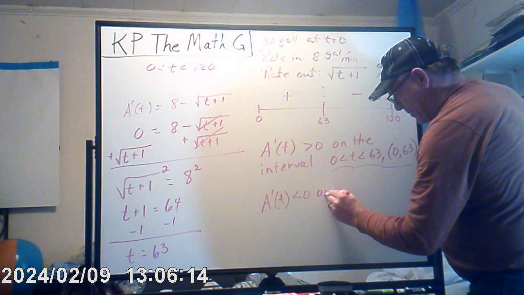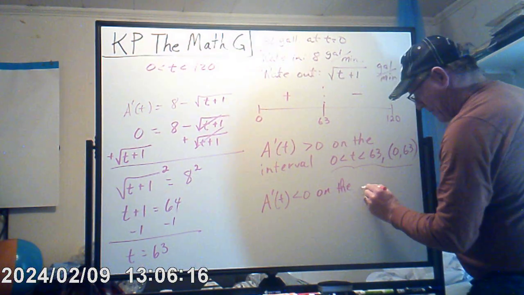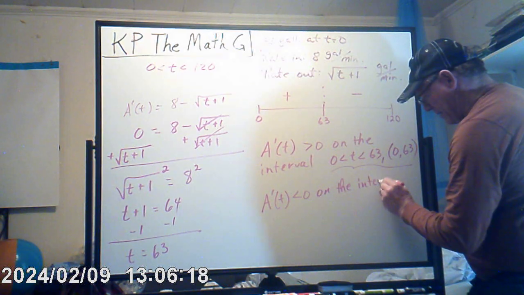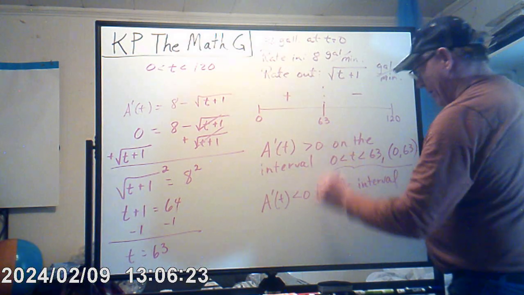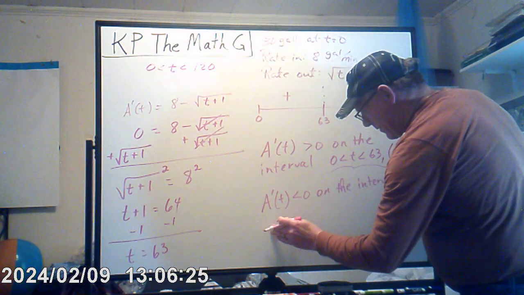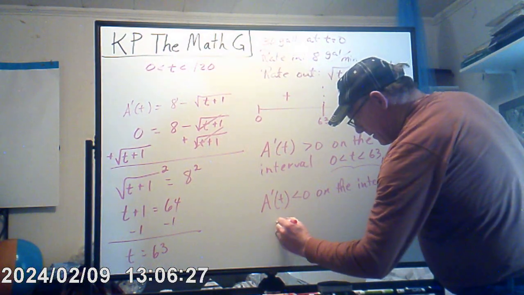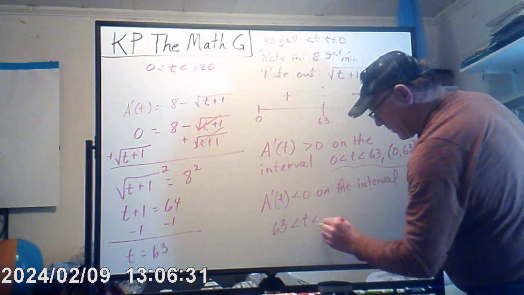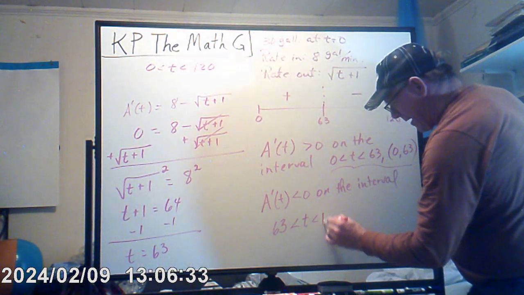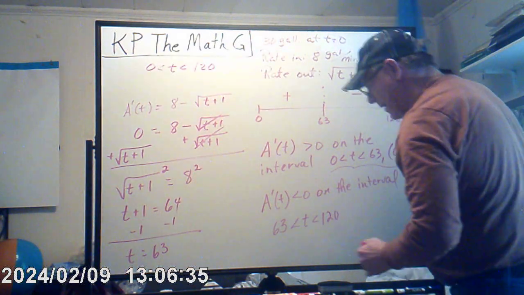On the interval, well, we're wanting to say 63 < t < 120.